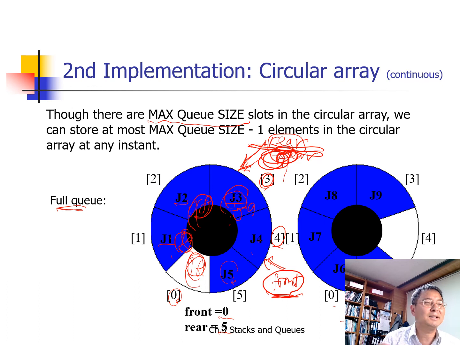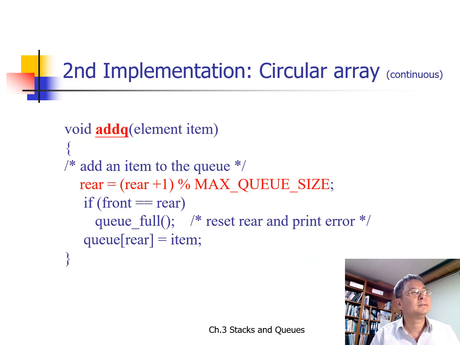It does not need to move data to the left. It will just delete and insert the data using the circular array. Okay, and if you implement queues using a circular array, then a little modification is needed.